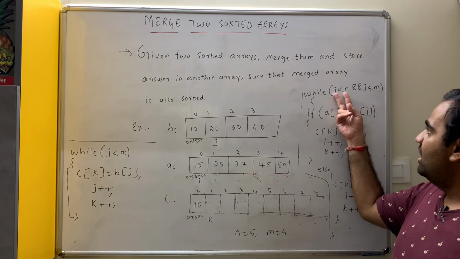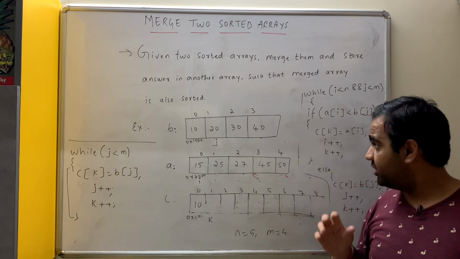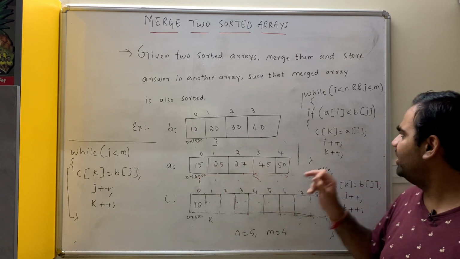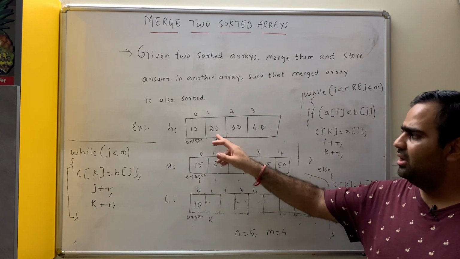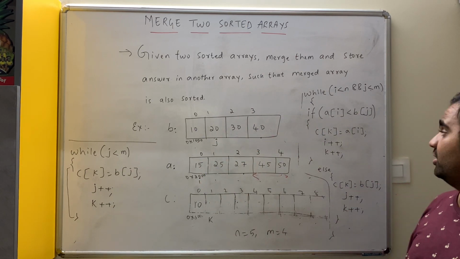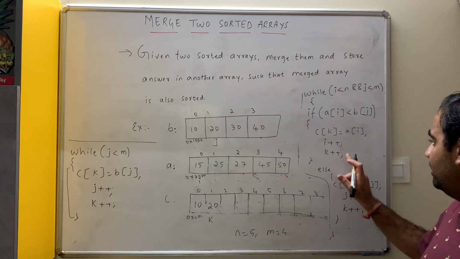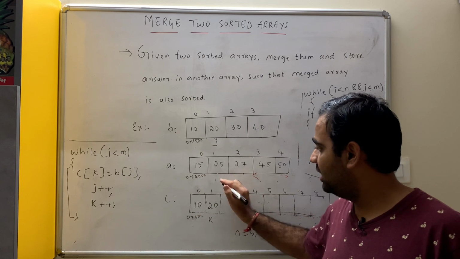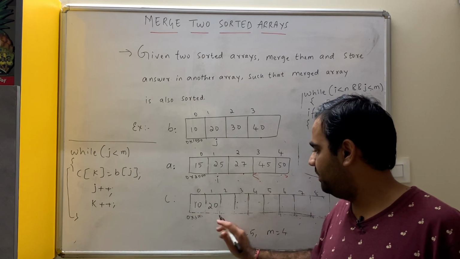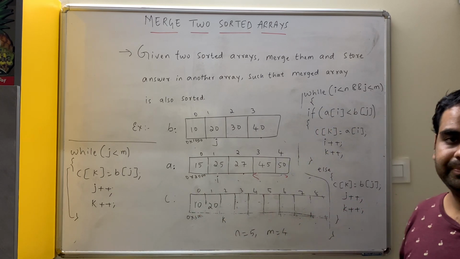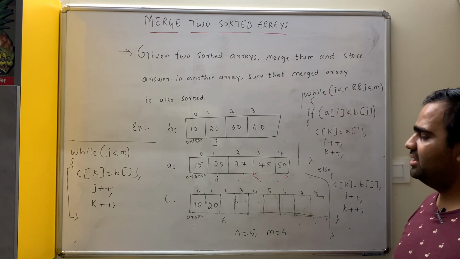Go back. i less than n, j less than m. Yes sir. A of i is 15, B of j is 20. 15 less than 20. Yes sir. Therefore you write 15 here and you say i plus plus, i points here, and you say k plus plus, k points here. Again go back. i less than n and j less than m.